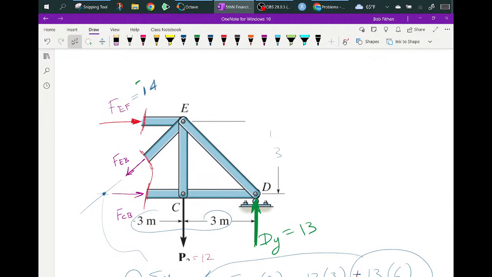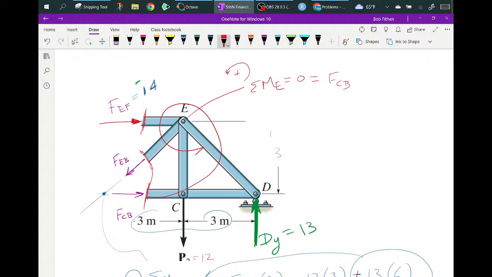Okay, so the next thing is, who do I want to find next? If I sum the moments about E, this doesn't produce a moment, neither does that. So if I did make an error right here by using this equation, the error is not propagated. Okay, so I sum the moment there. I don't know which one I should do first. How about FCB?